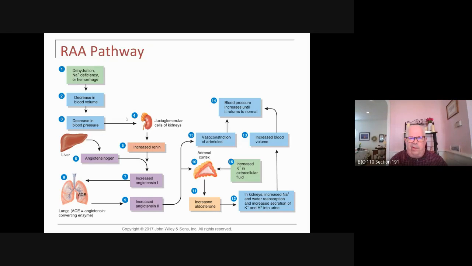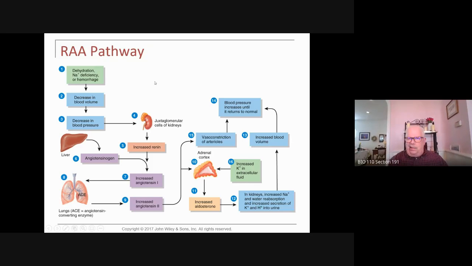stimulating the juxtaglomerular cells of the kidneys to release renin. Renin acts on the protein from the liver, angiotensinogen, and converts it into angiotensin 1. When angiotensin 1 in the bloodstream gets into the lungs, it is attacked by the enzyme ACE, angiotensin converting enzyme, to produce the most powerful raiser of blood pressure in the body, angiotensin 2.